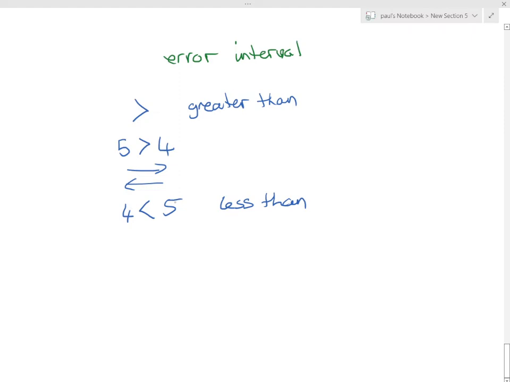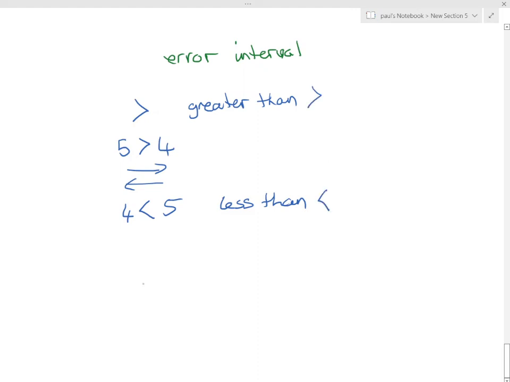4 is less than 5. If we read it from right to left, 5 is greater than 4. So it points down to the small value and opens up to the big value. So we've got a greater than or a less than sign, but they are reversible.